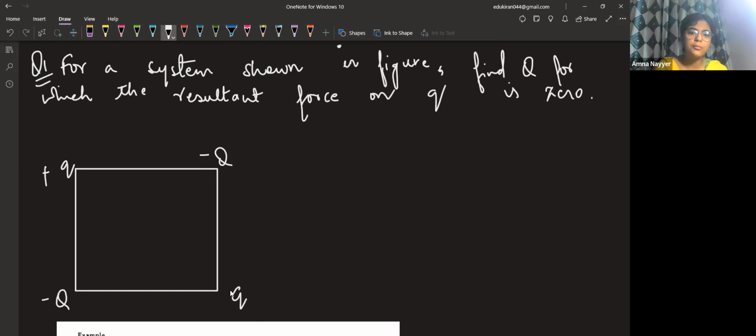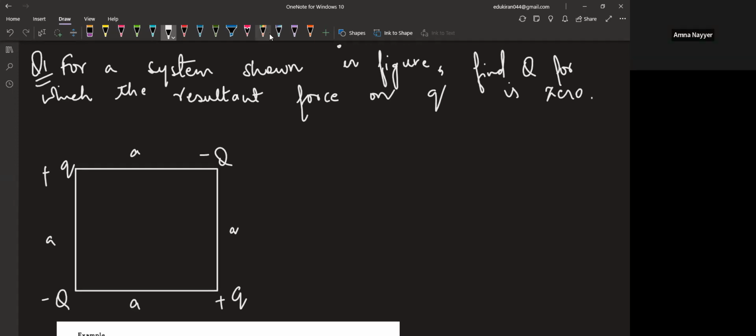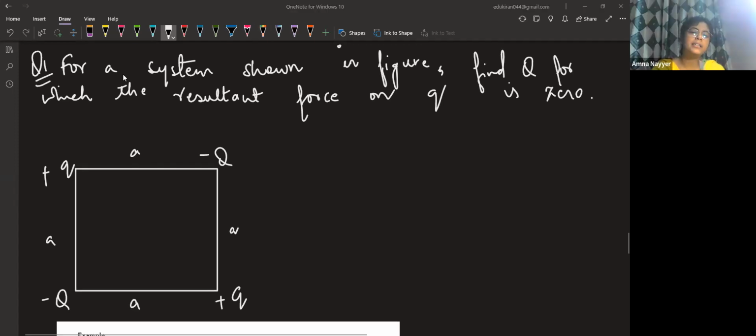These are positive charges. So A, B, C, D, you can take it. Side is A for all the squares. Now we have to find where the resultant force on small q is 0. Take any of the charges of it.